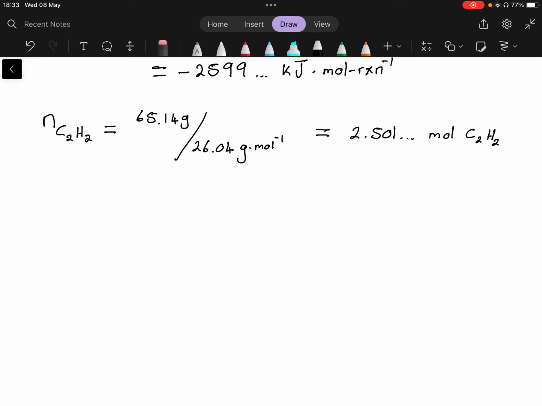So let's do the cross multiplication one for now. It is the ratio between C2H2 and the standard enthalpy of reaction: we have 2 mole C2H2 per mole reaction occurring.